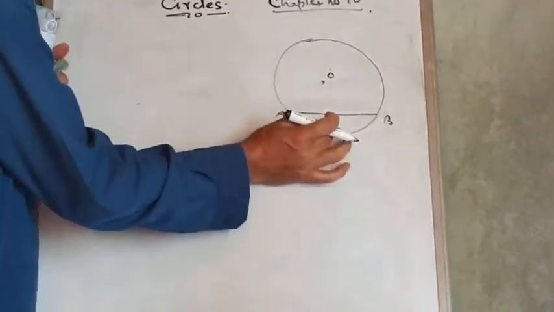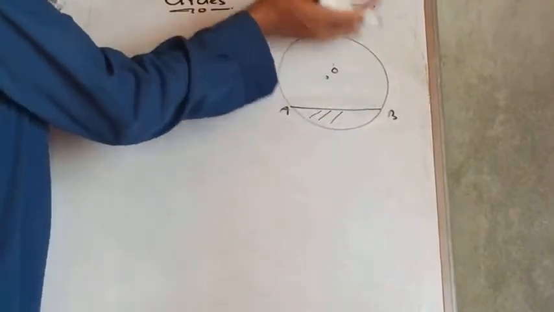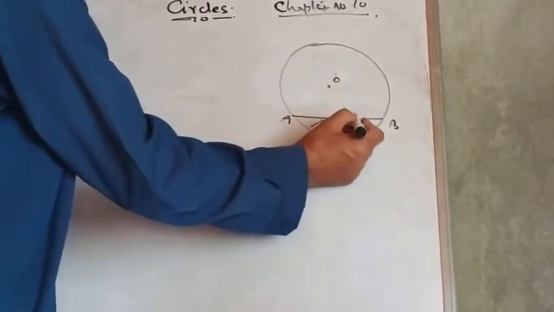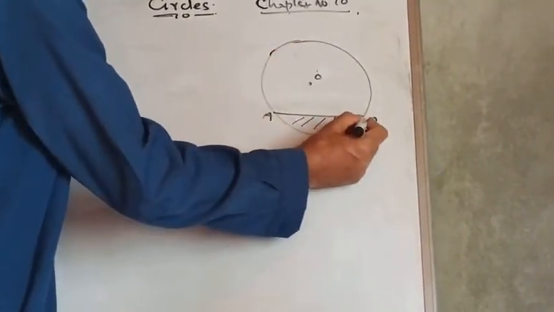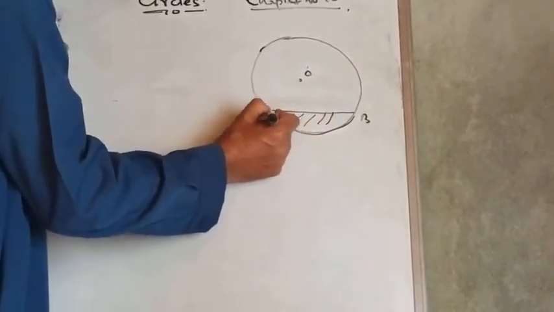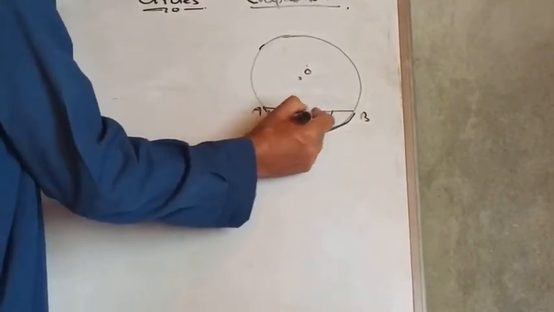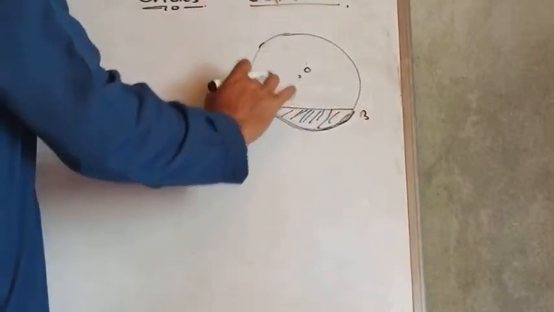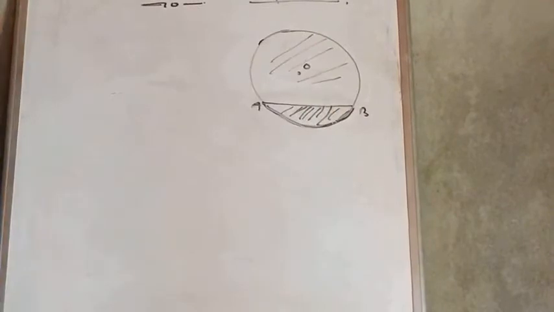The smaller part is called the minor segment, and the larger part is called the major segment of the circle. And what is this? This is called an arc. From A to B, this length is called arc AB. This portion AB is the minor segment, and this portion from A to B is the major segment.